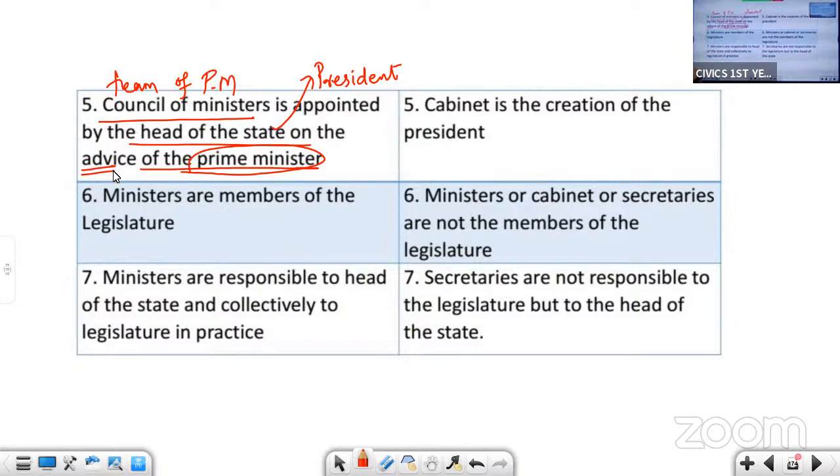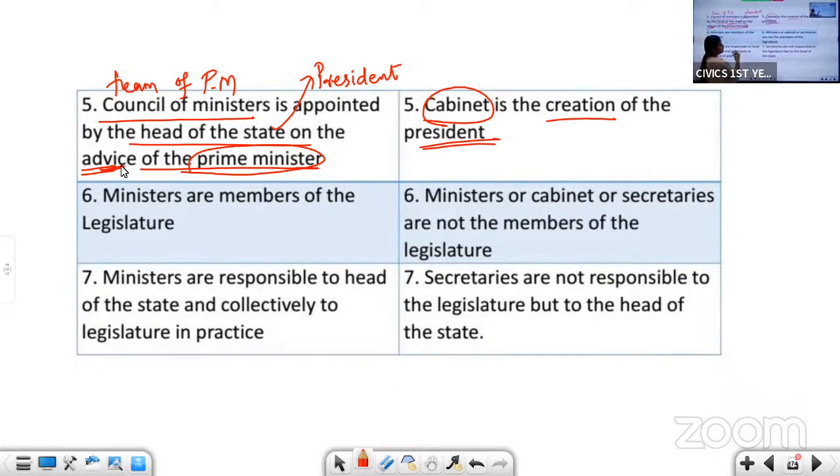Is it clear? Then in presidential form of government, the cabinet is the creation of president. So what is happening in parliamentary system? The prime minister is selecting the ministers. He is advising the president to appoint them.